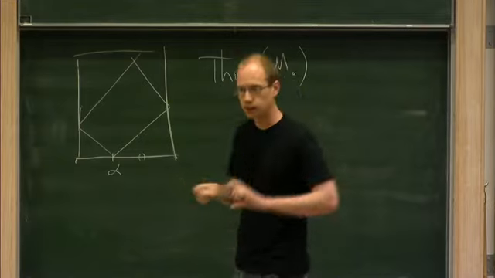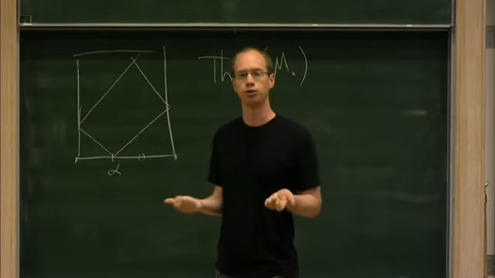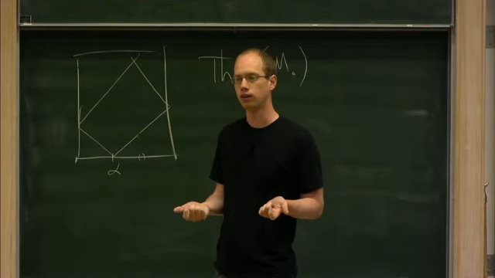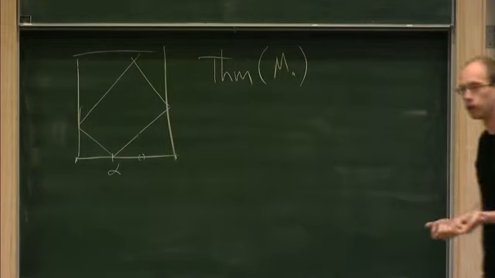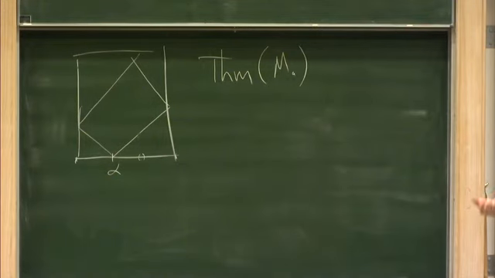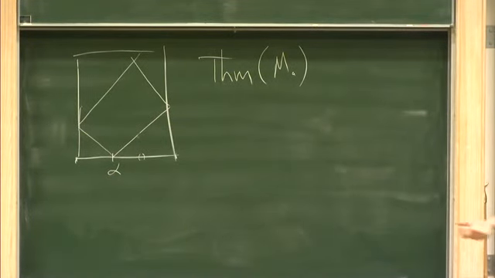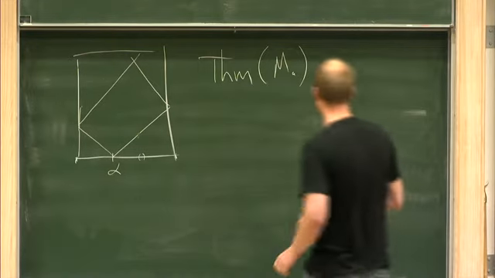These two regular examples are a typical source of pathology, and we'd like to know if often they are the only source of pathology in some combinatorial context, and here for matchings they are not. So here's the theorem.